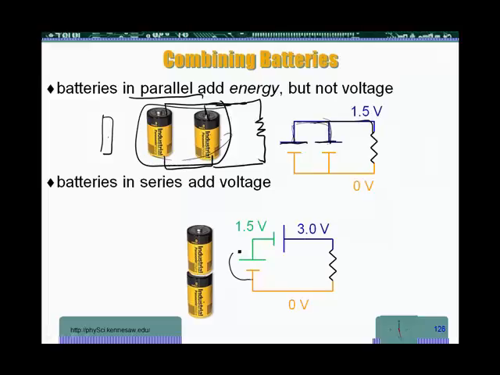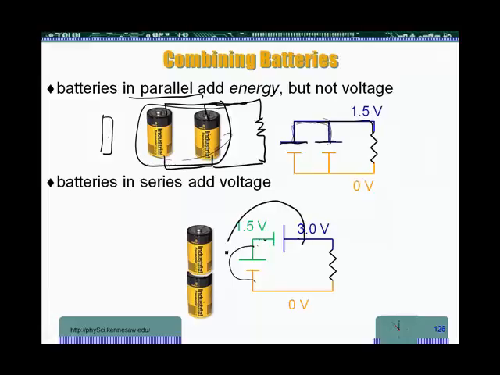So the first battery is going to result in a change in electrical potential of 1.5 volts. From here to here, 1.5 volts. However, the second battery is going to also result in a change of 1.5 volts. So from here to here, we are going to have a change of 1.5 volts, meaning I go from 1.5 to 3 volts.